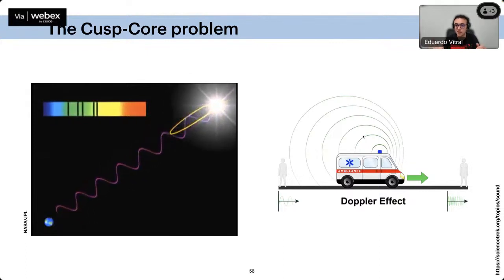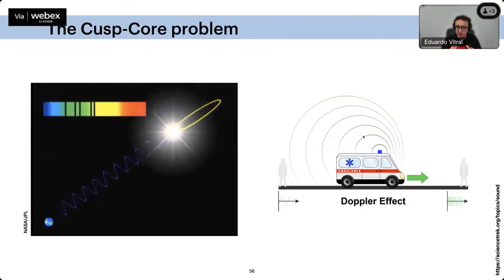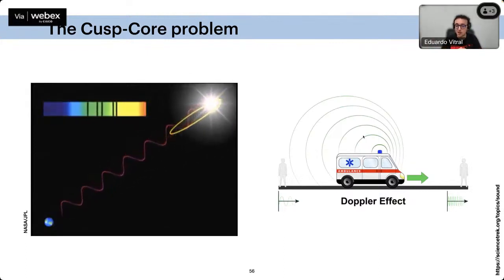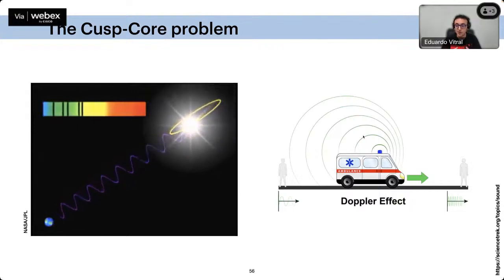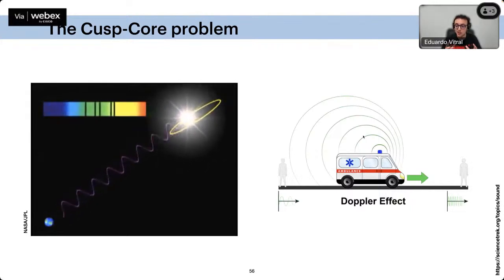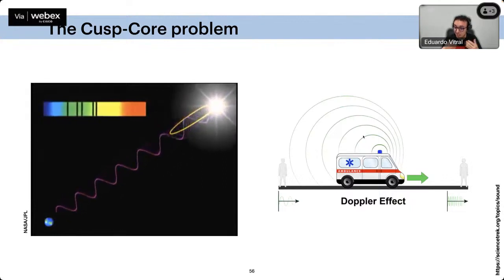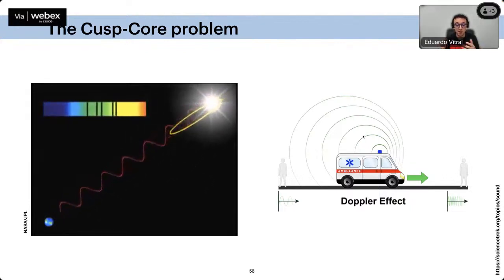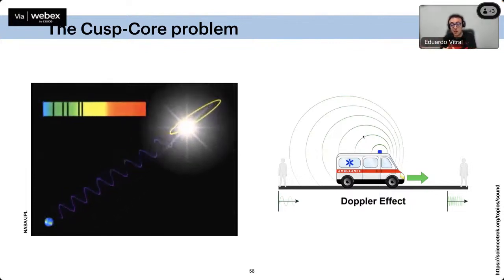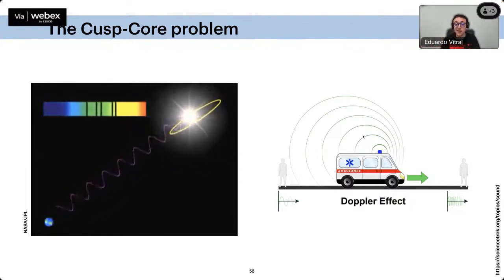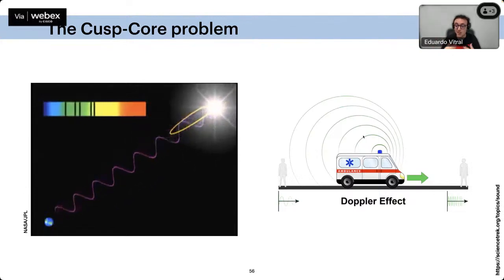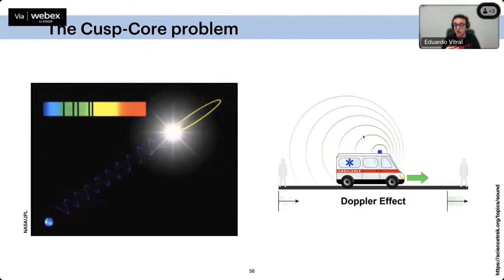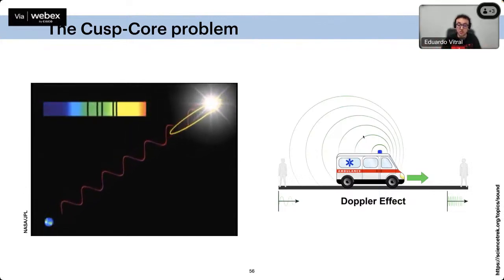So in a very similar way, the light emitted from stars that are moving away or towards us changes its frequency, which in light waves translates to it becoming bluer in case it's getting closer to us, or redder in case it's getting farther away from us. So it changes color, and that's why we say that something is redshifted or blueshifted.